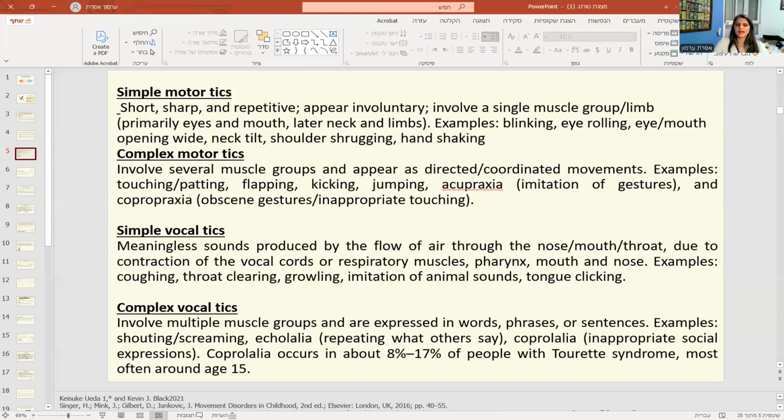For example, shouting or screaming, echolalia, which means repeating what others said, and coprolalia, which means inappropriate social expressions. Coprolalia occurs in about 8% to 17% of people with Tourette syndrome, most often around the age of 15.